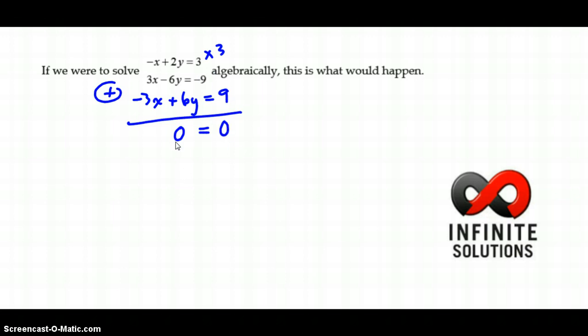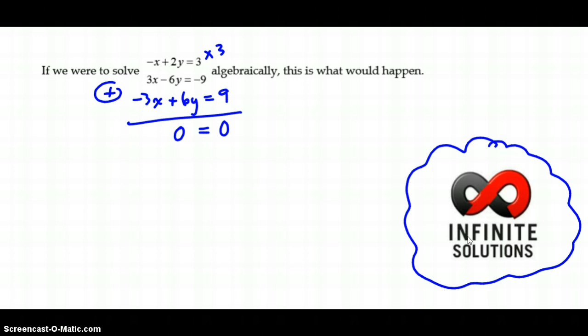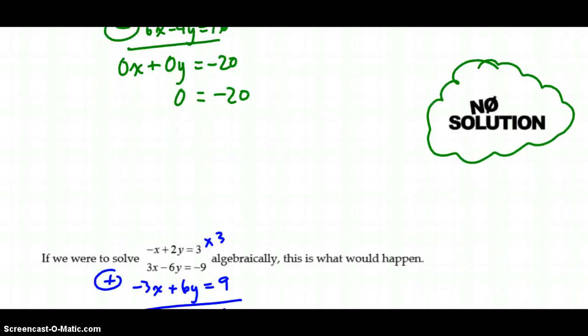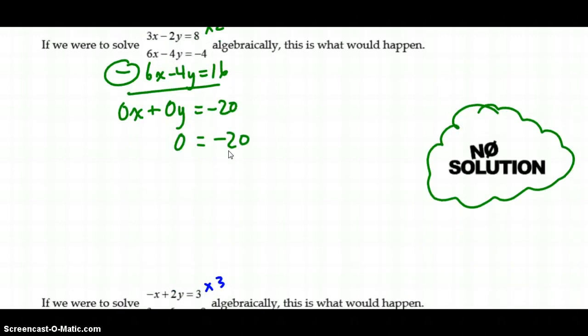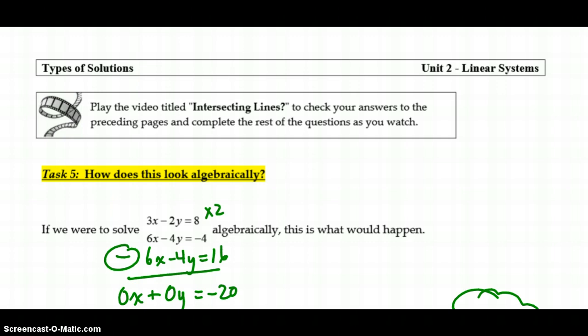So what ends up happening here is I have this balanced equation of 0 equals 0, but I'm stuck and I can't solve this any further. What that indicates to me is that these two equations are exactly the same, and I have an infinite number of solutions. So when you end up with 0 equals 0, there are infinite solutions, whereas when you end up eliminating both variables but the sides are not equal, we have no solution. And that is the end of your video for today.